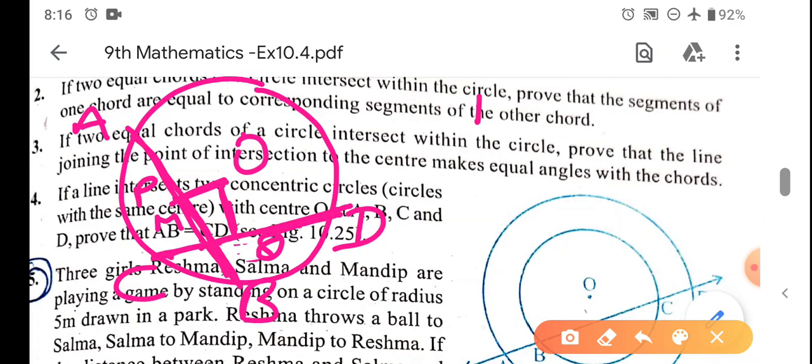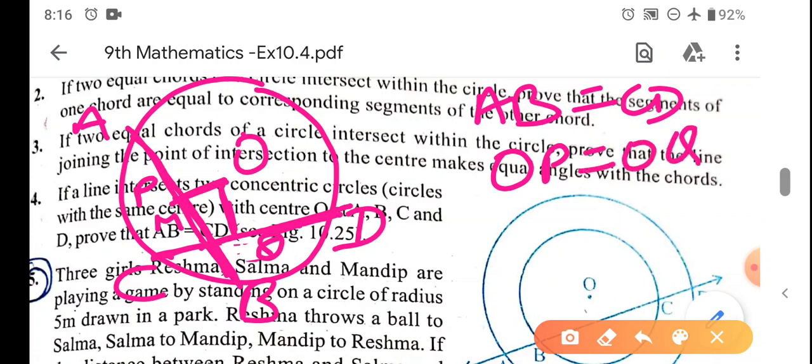So AB is equal to CD, it is clearly given, and OP is equal to OQ because the perpendicular distances from the center are also equal.